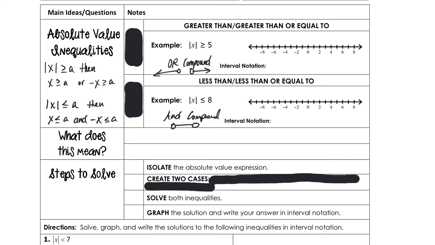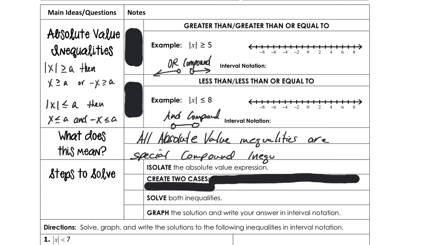What you need to know is that all absolute value inequalities are hidden, or special, compound inequalities.